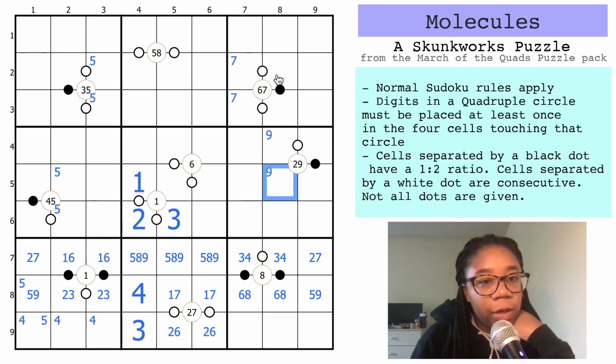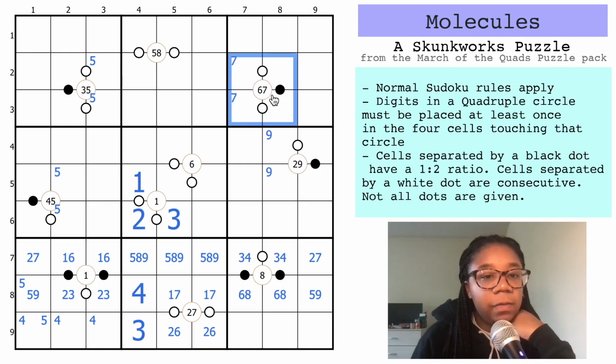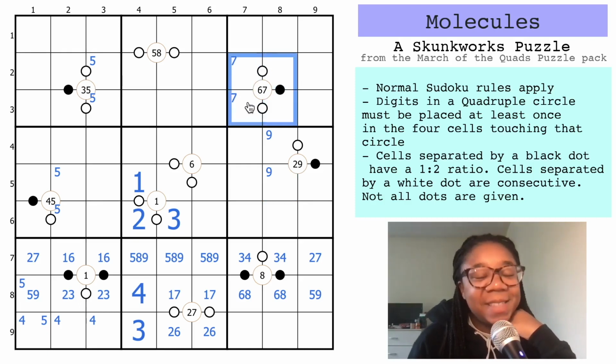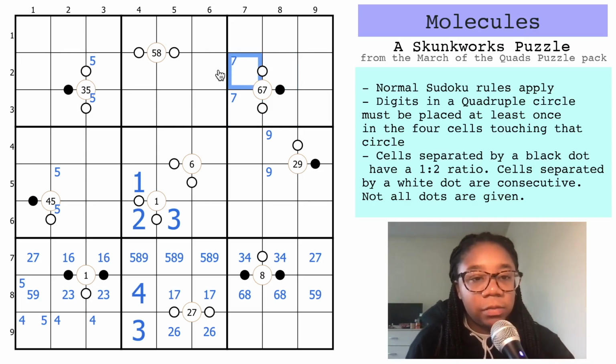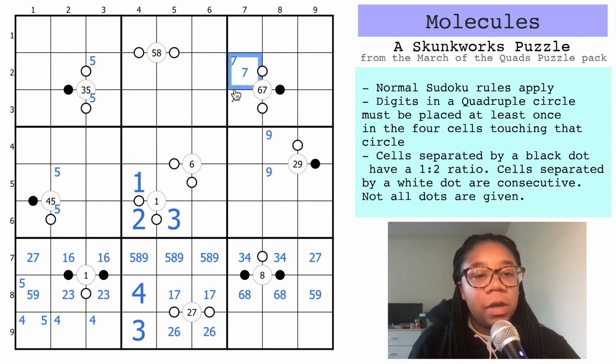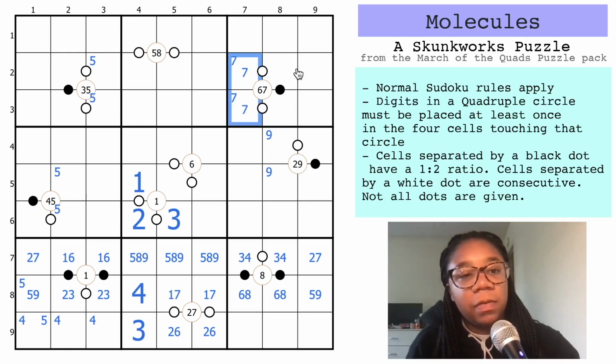Maybe I will try going up here instead, because this is kind of like a long chain of digits that have to satisfy the same condition. So let's try and see what chain we can make. So we know that 7 is on either end of this. So let's say we went 7 and then 6, which would finish our quad.